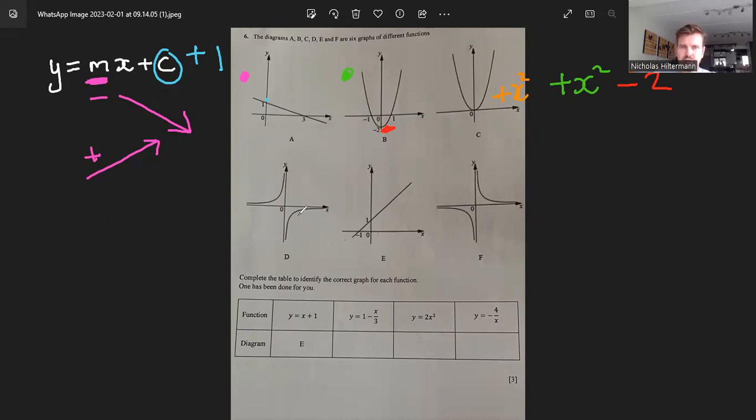Then this one is what we call a hyperbola. Okay, which is a crazy word, but what it means is if it was like this, let's do a different color. If it was like the, oh, maybe you can't really see that, blue, then it would be something over x.